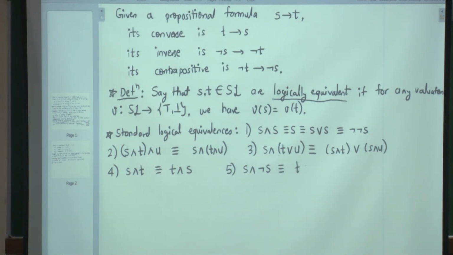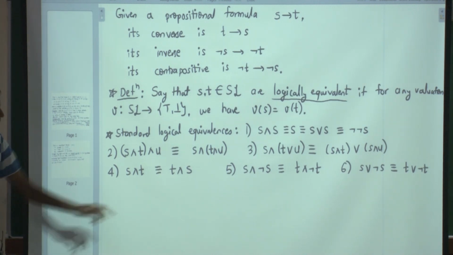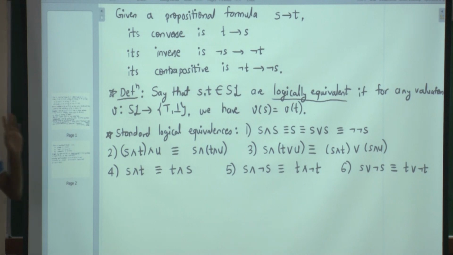So it is also logically equivalent to this, and similarly S join negation S is logically equivalent to T join negation T. See, if S and T contain different propositional variables, then also it doesn't matter. Logical equivalence is not a functional notion, as in it doesn't necessarily depend on the truth values of the variables inside it. These two examples 5 and 6 show that.